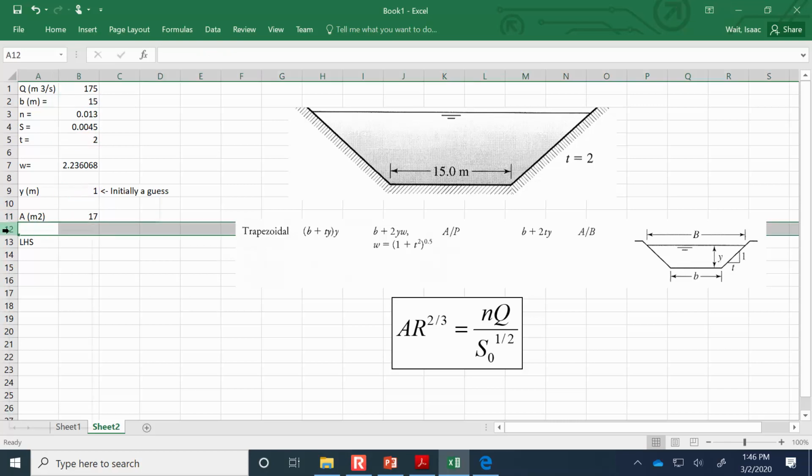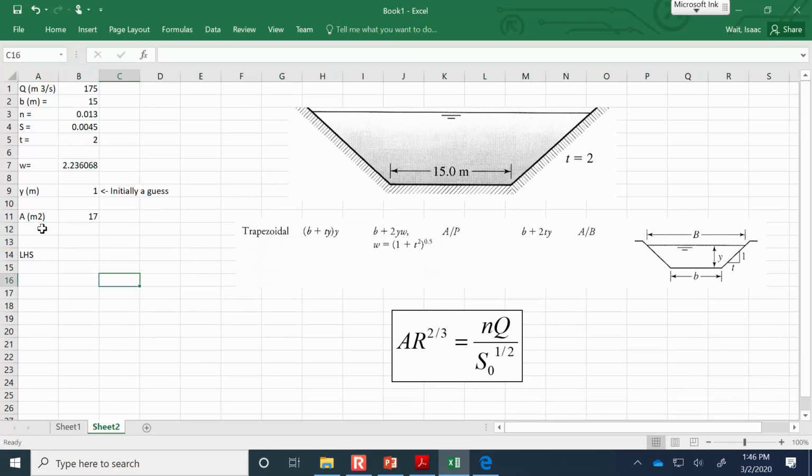And then the wetted perimeter in terms of meters is going to be B plus 2 times Y times W. Okay, so it is B plus 2 times Y times W.